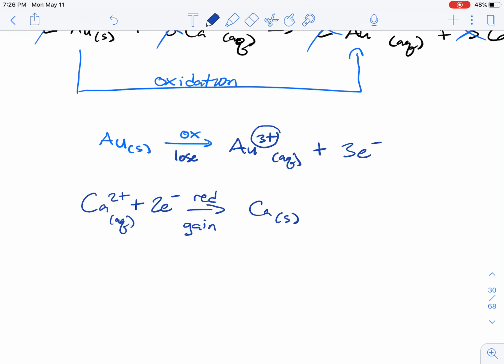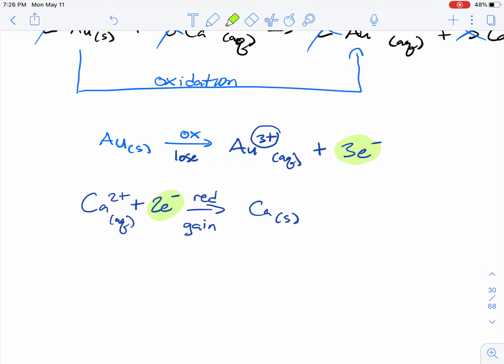Okay, and so if you look at the number of electrons being transferred, they're actually not the same between oxidation and reduction. You can't just have 3 electrons and then only gain 2 of them. Whatever is lost must also be gained in the same proportion.